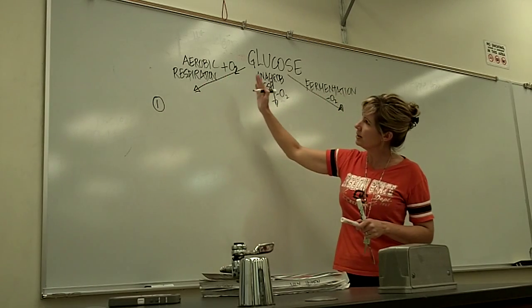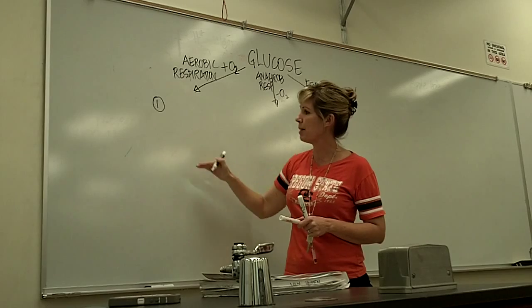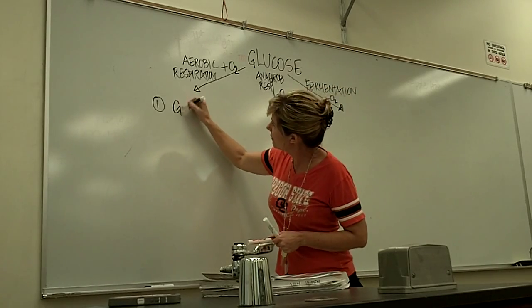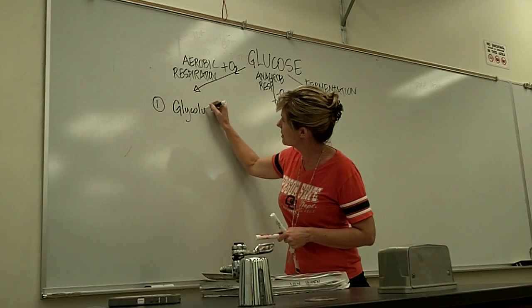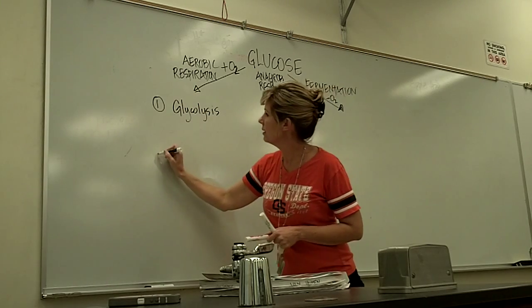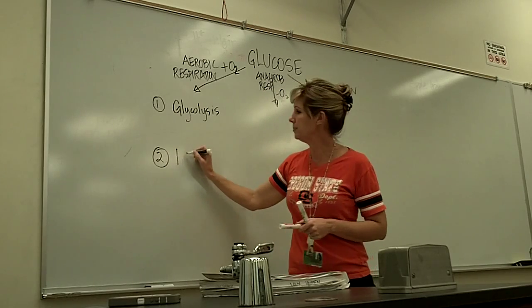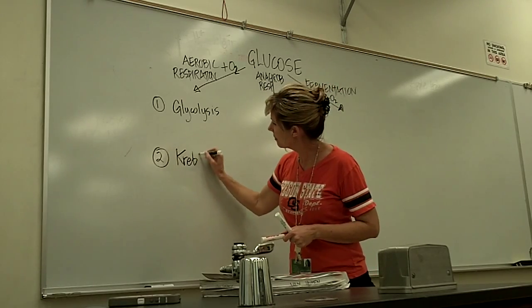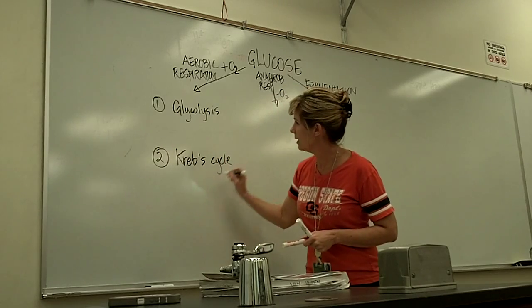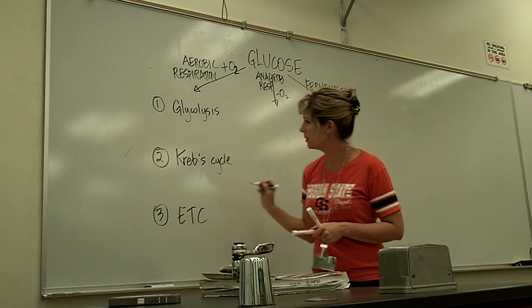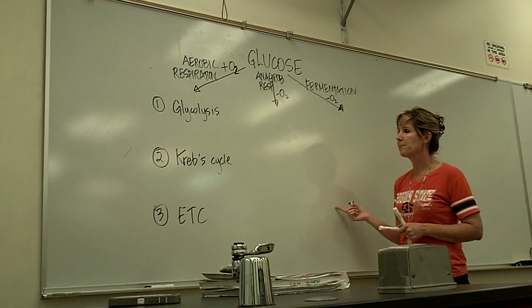Aerobic respiration has 3 major pathways underneath it. So the first you would think of is glycolysis. Second, Krebs Cycle. And the third will be the ETC, or electron transport chain.